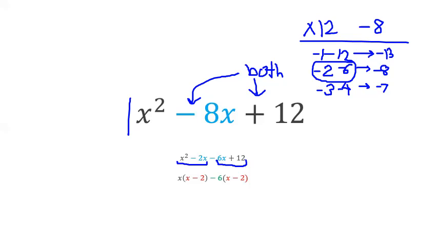Then, when we look at the last two terms, you want to look for a GCF again between negative 6x and positive 12. So we know it's a 6, but the key thing is that you remember you want your first term to be positive. So if we only factor out a 6x, we'd be left with negative x, and then we'd have plus 12.